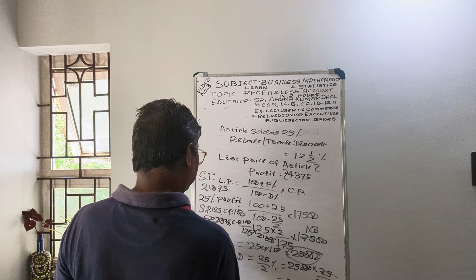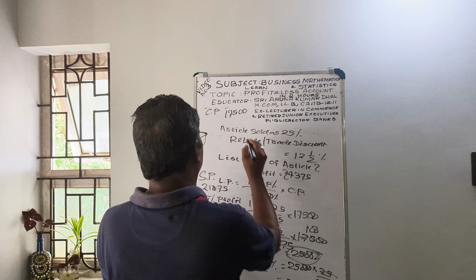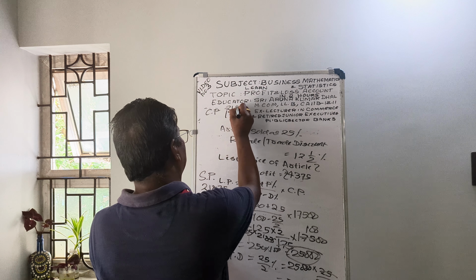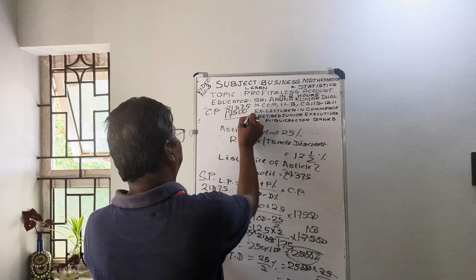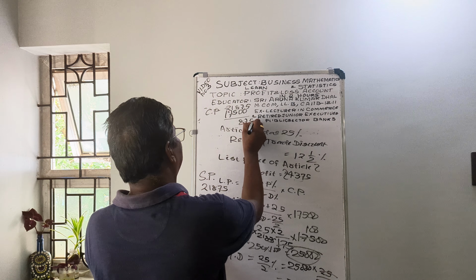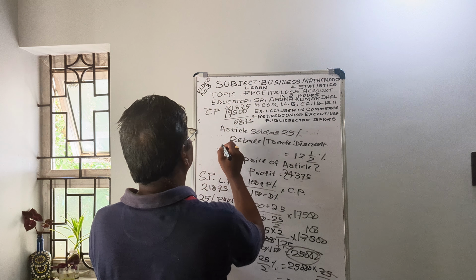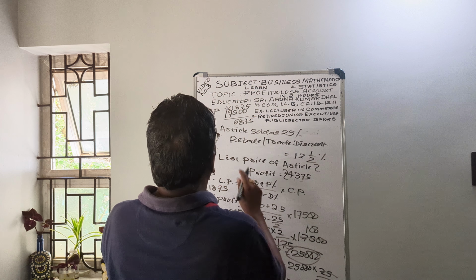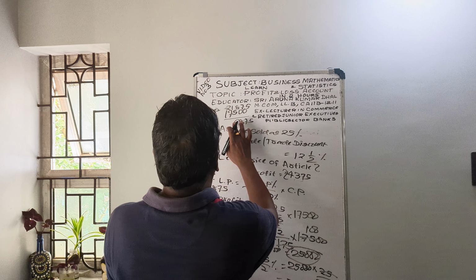When cost price is 17,500, sales price is 21,875, then profit is 4375. This is the given. So our answer tallies. We can solve in various ways.